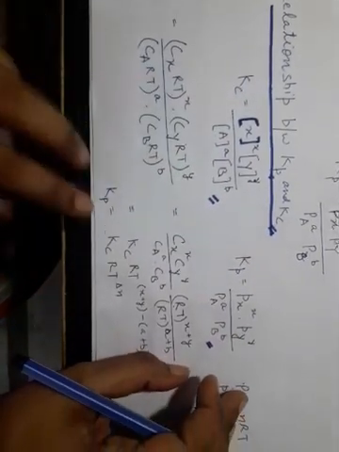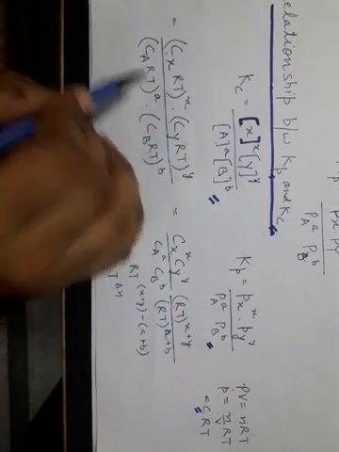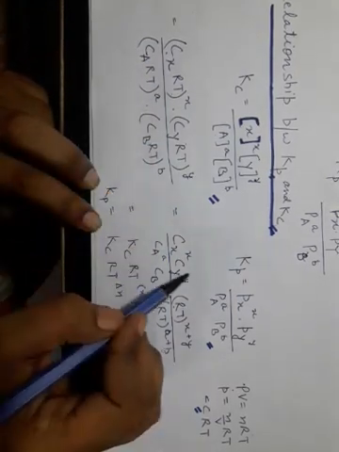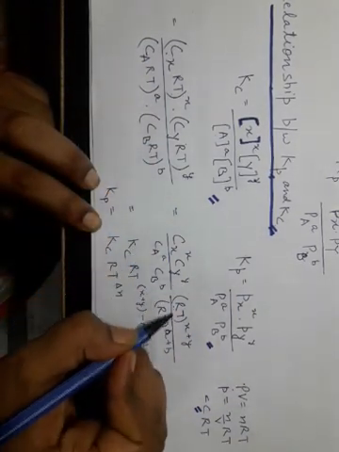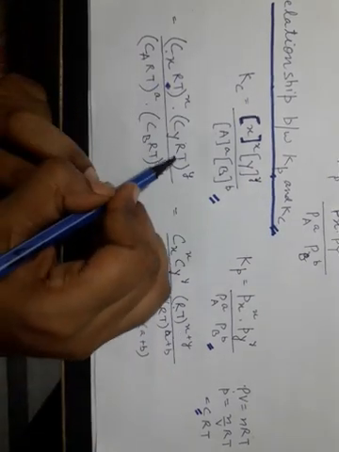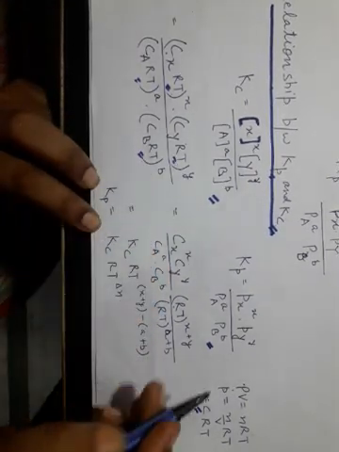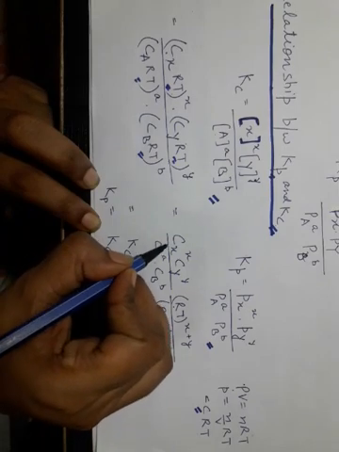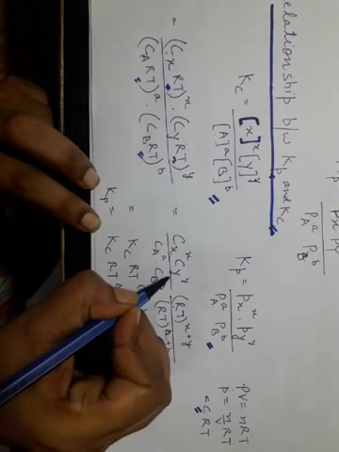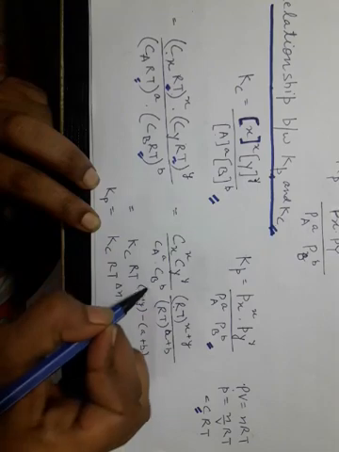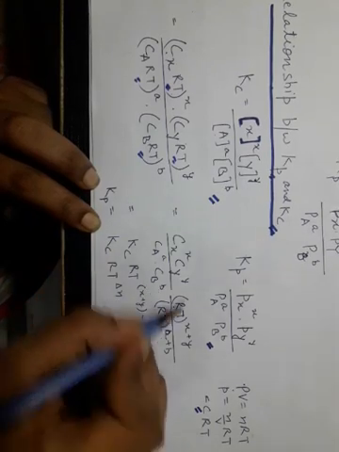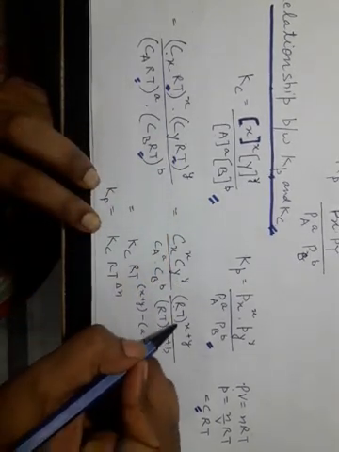Cx, Cy, Ca and Cb are different but RT is constant in all of them. So our relationship is Cx to the power x, Cy to the power y, Ca to the power a and Cb to the power b, and RT is constant.